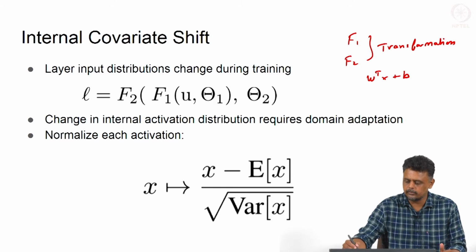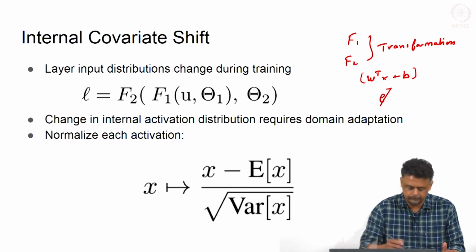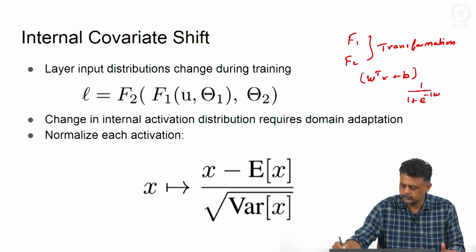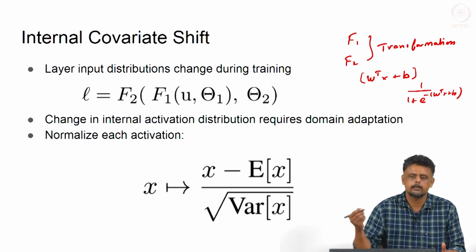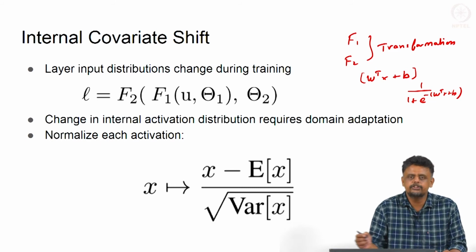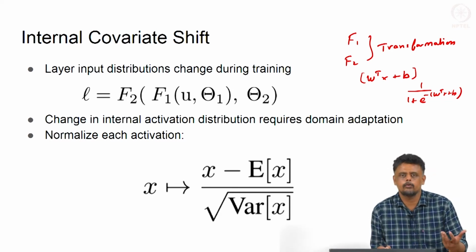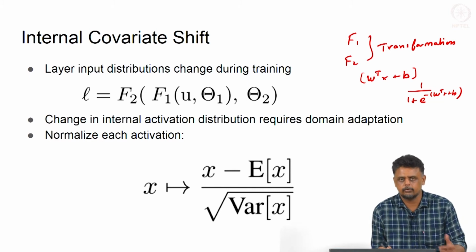This is one transform, and then you pass it through a non-linearity, for example something like e raised to minus. That is a transformation that happens. When W changes with every iteration, the inputs to a particular layer will also change dramatically. So you can think of F1 and F2 as the transformations that happen to your inputs at every layer.